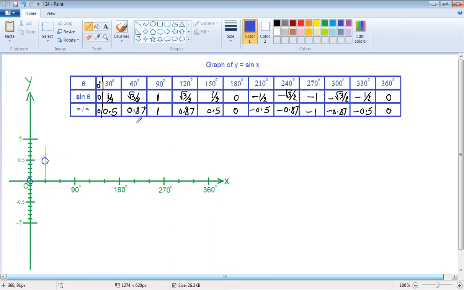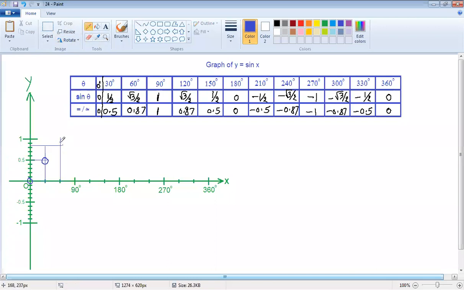Then sine of 60-degree is 0.87. So I take 60-degree here, from there I draw a vertical line, and then I see 0.5 here, 0.6, 0.7, 0.8 and 0.9, somewhere in between is 0.87 approximately.